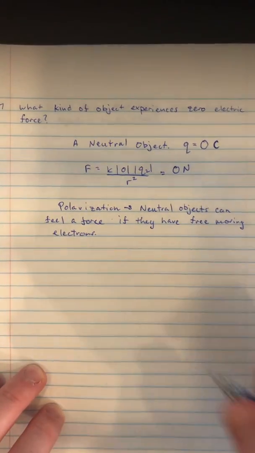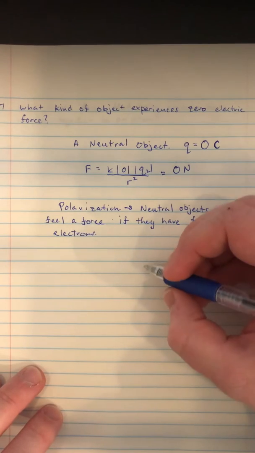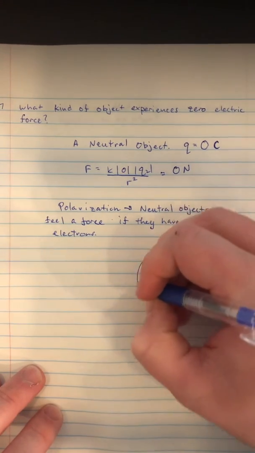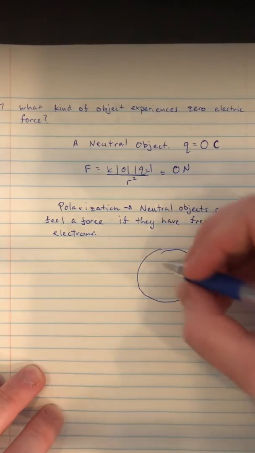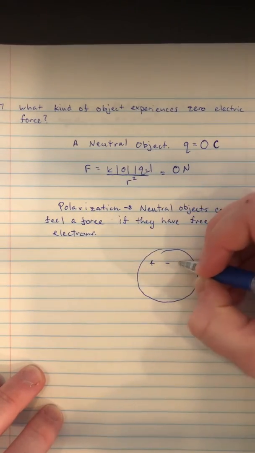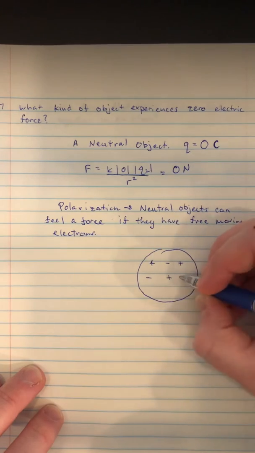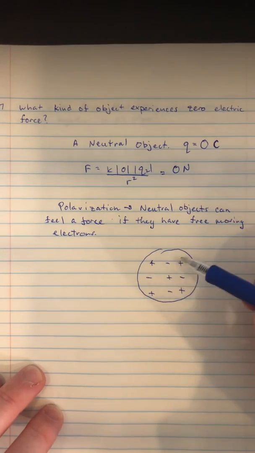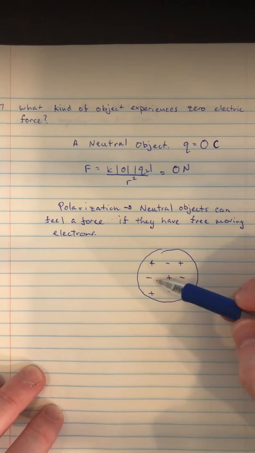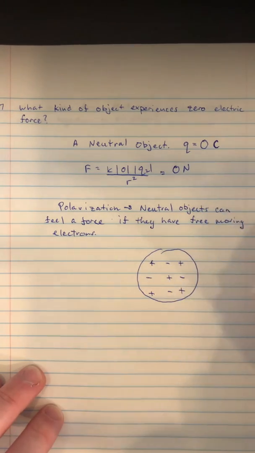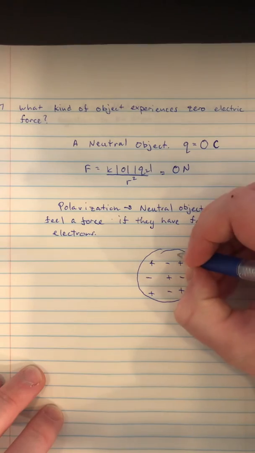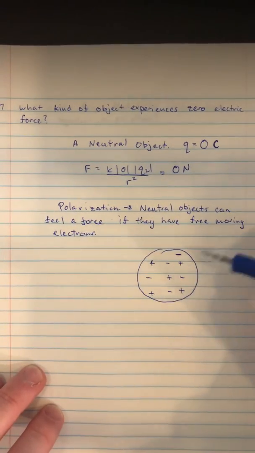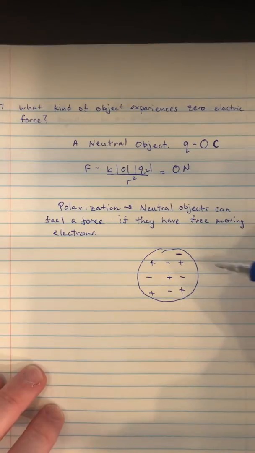So, for example, if we have a circle, and we have positive, negative, positive, negative, positive, negative, positive, negative, positive, negative. So neutral object, it has the same amount of positives as it does negatives.